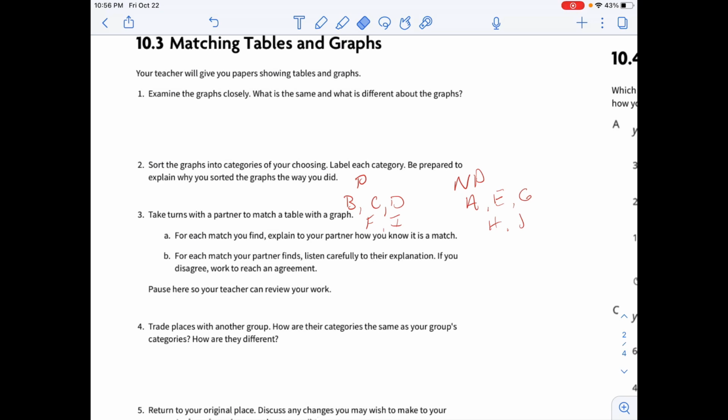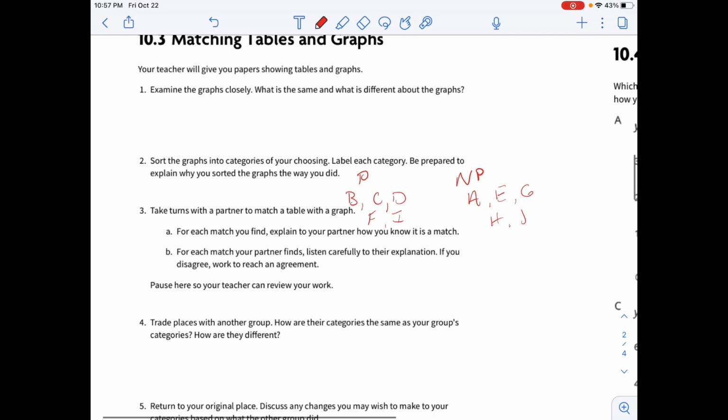Non-proportional is going to be, they might look straight or they might even be straight, but they don't pass through the origin. And then also they might have a curve to them.